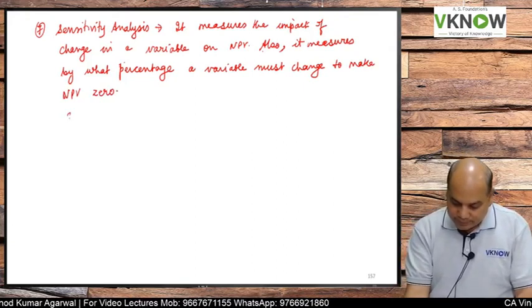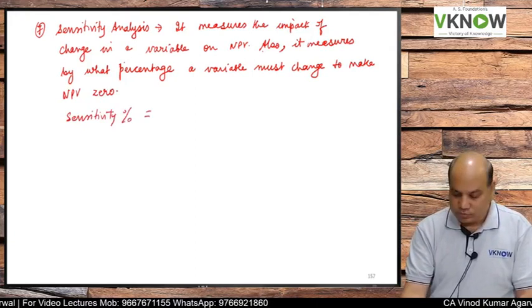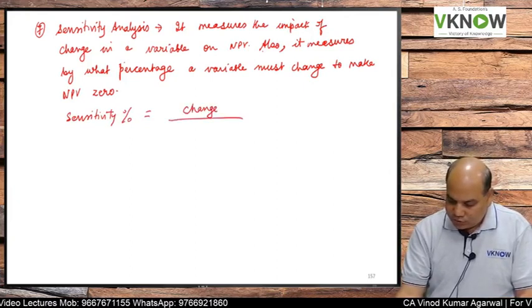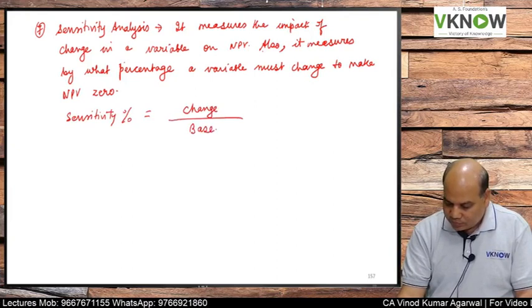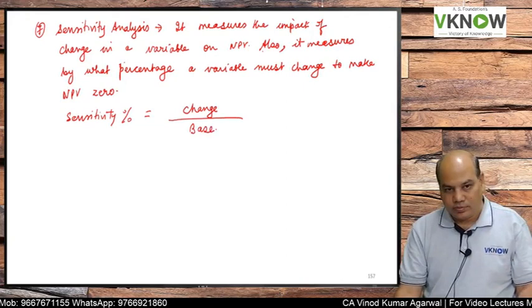Okay. Then write down, sensitivity percentage will be equal to change divided by base. Change divided by base.